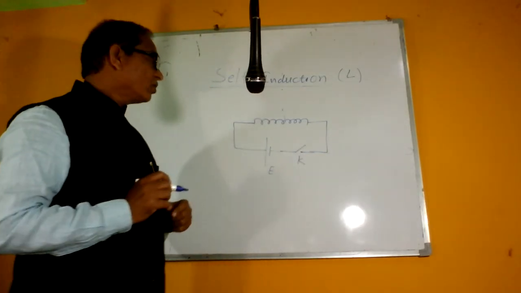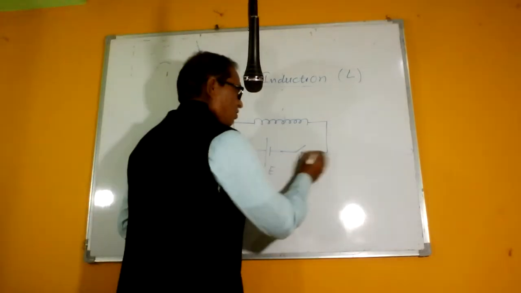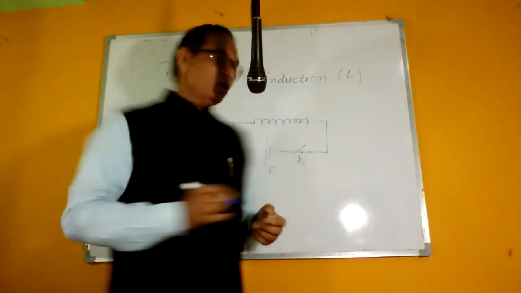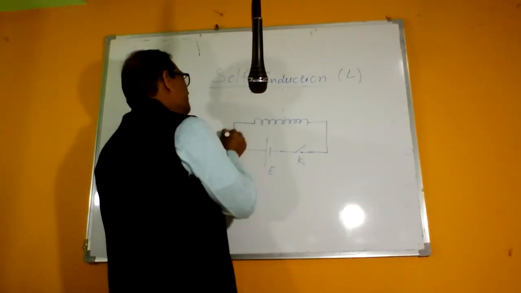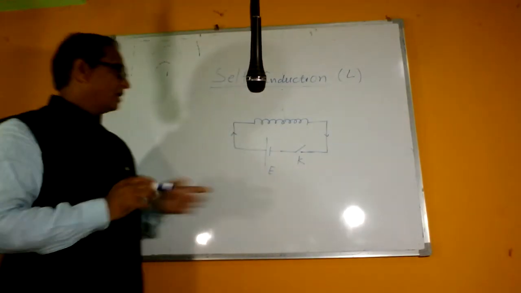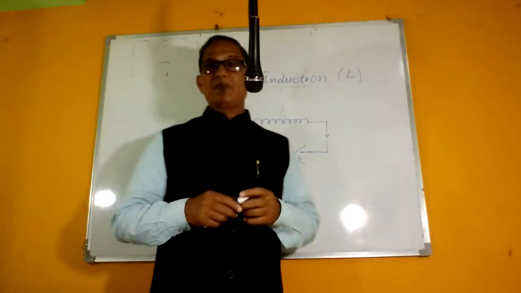Now let us see what happens if the tap key is pressed so that the current starts to increase in the circuit. As the current starts to increase, we will find that an induced EMF is developed in the circuit.